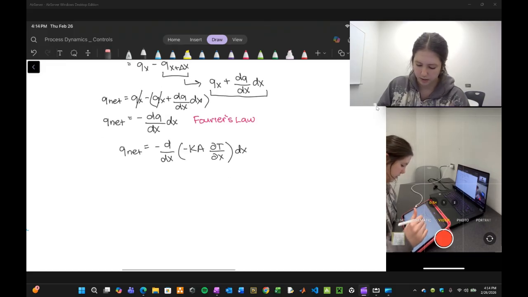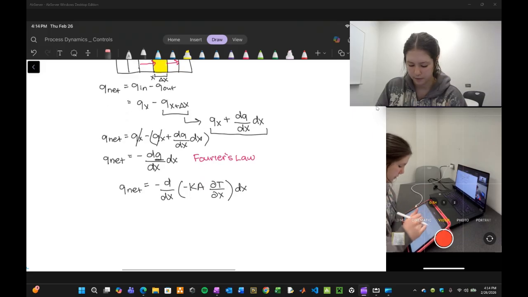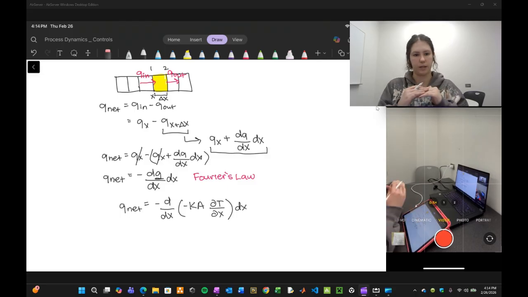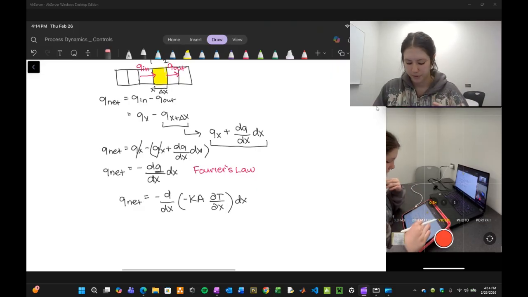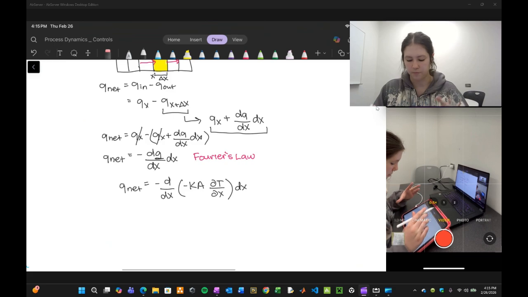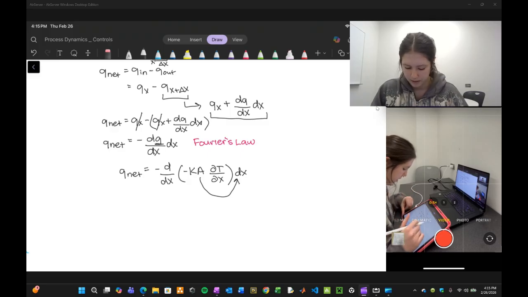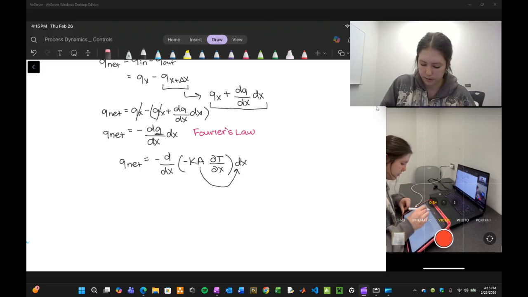And this is essentially replacing Q. And this A is our cross-sectional area, because the heat is flowing through this bar, not only the distance between each position, but through that. So it's volumetric because it's being multiplied by this change in position right there. And so this is one of the main equations we'll be using in this problem.